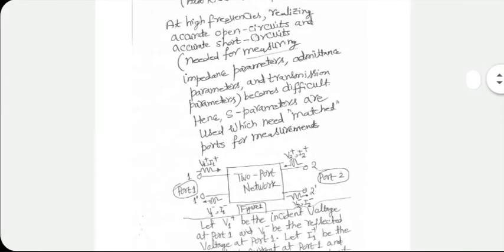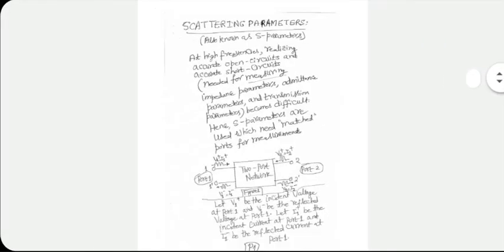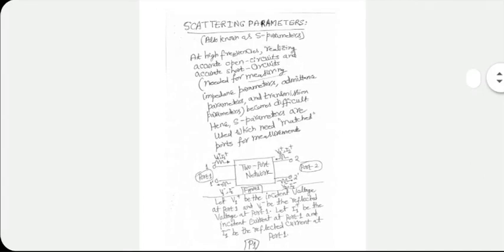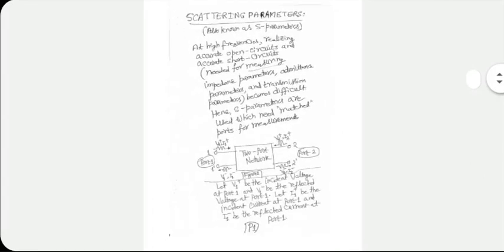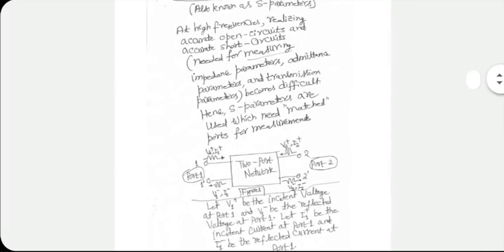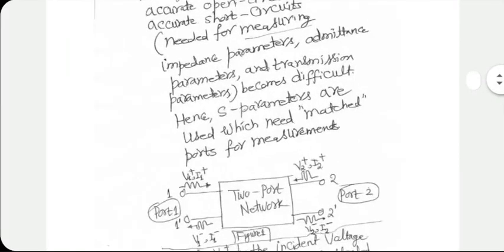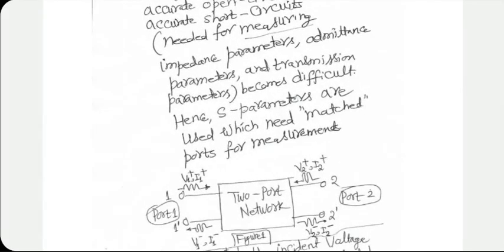Instead of having to choose independent variables as voltage or current, they instead focus on choosing the... we have seen in transmission lines that a realistic picture is that if an input voltage is being sent to a network or to a transmission line, some of it will be reflected back.